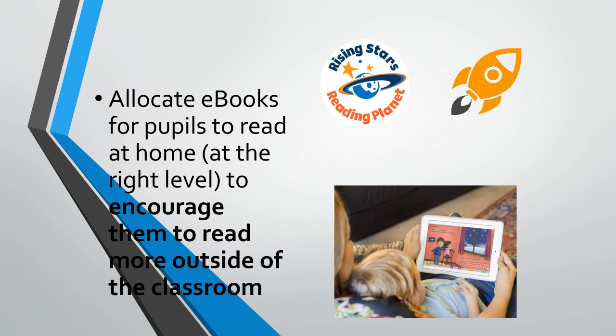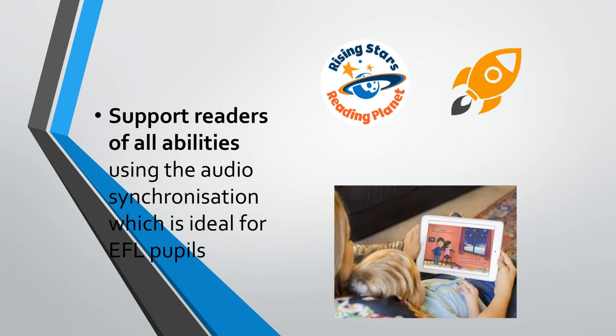So perhaps just as a brief summary, Reading Planet is great for encouraging reading both inside and outside of the classroom. It also supports readers of all abilities using the audio synchronization, which is ideal for EFL pupils. It also has these highlighted parts as they either listen to the audio or read the story, which I think helps a lot.